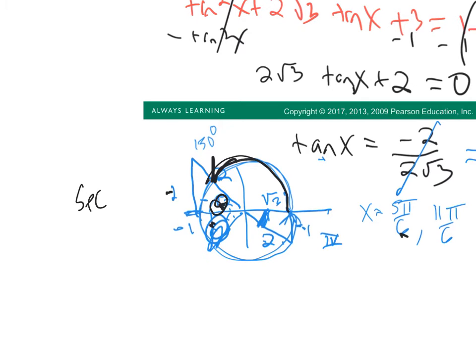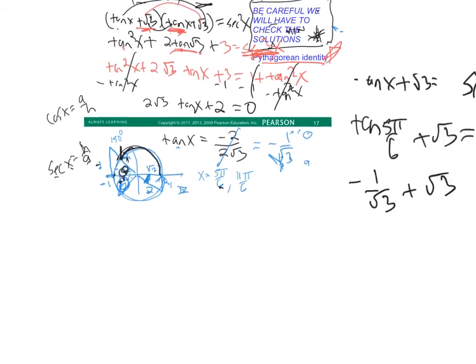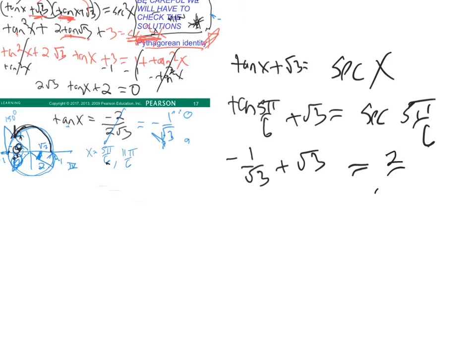Let's do it with the sides of the triangle. Cosine of x is adjacent over hypotenuse. Therefore, secant must be hypotenuse over adjacent. That's 2 over the negative square root of 3.